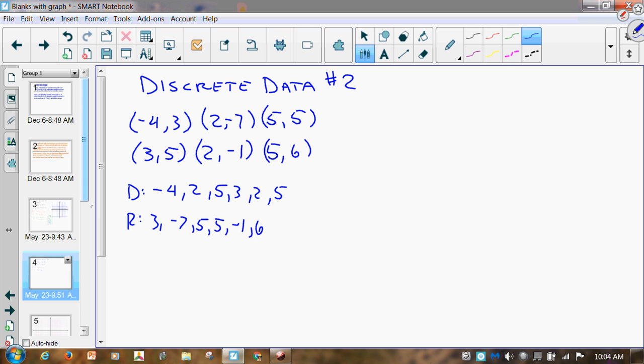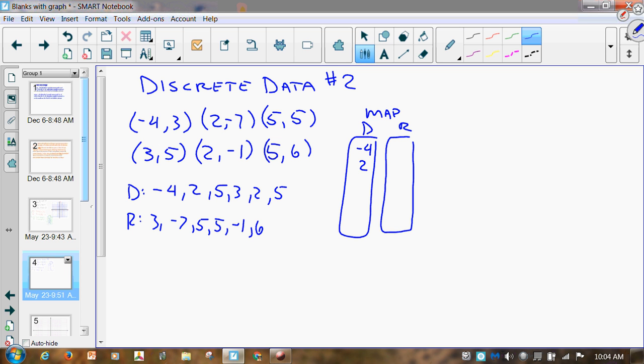Now let's put those in a map. Domain and range. Okay, so now looking at our list, we're going to put these in numerical order, and we have a -4, and we have a 2, and we have a 5, and let's see, we have a 3, right? And we have 5, then we have another 2, but we've already listed 2, right?